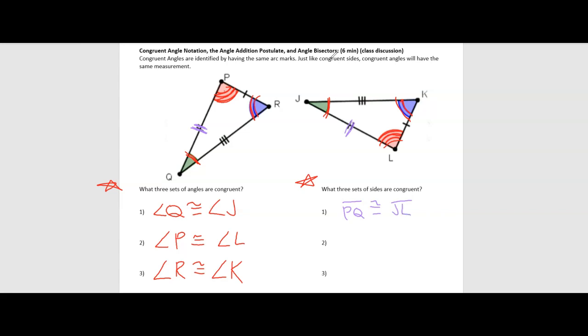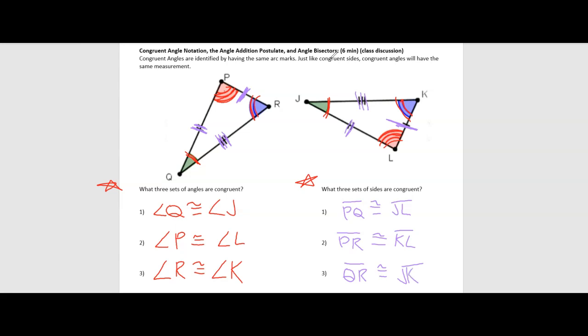Then I have segment PR with 1 tick mark congruent to segment KL. So segment PR congruent to segment KL. And to finish this off, QR has 3 tick marks, which means it is congruent to JK, which also has 3 tick marks.